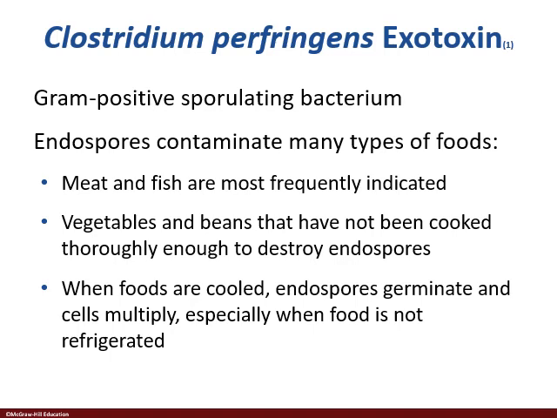Sometimes you get the spores by ingesting them. You ingest them because they're in or on some meat or fish that was handled incorrectly. Or maybe it's vegetables that still have some soil particulates on them. They weren't washed correctly. You're ingesting spores, endospores.